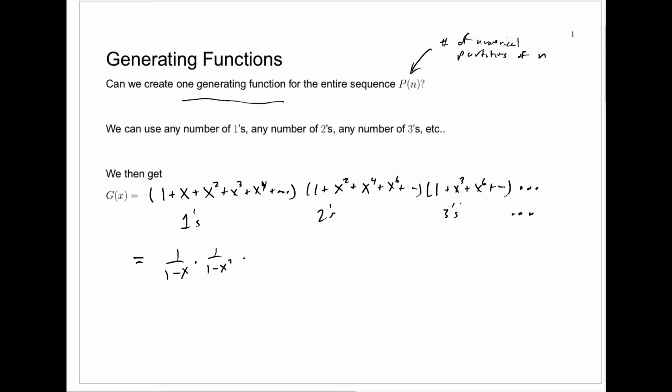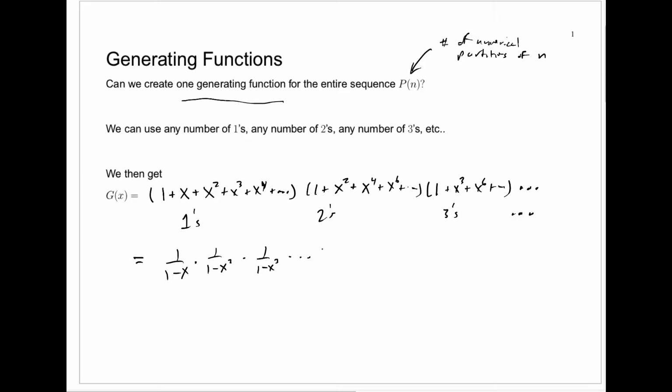The next power series is just 1 over 1 minus x cubed, etc. So it's gotten a little bit nicer. Now I have my generating function. It's not even written as a power series, but we understand that 1 over 1 minus x has this power series representation. 1 over 1 minus x squared comes from this factor, etc. We can write our generating function as this product of functions of this form, and it's an infinite product.